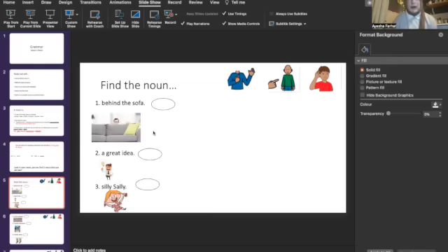Okay, fine. Now we're going to play a little bit of a game. Find the noun. So we have a couple of sentences here, and there is a noun in each sentence. Can we find the noun? We're going to have my turn first as we go to our symbols from our previous lessons.